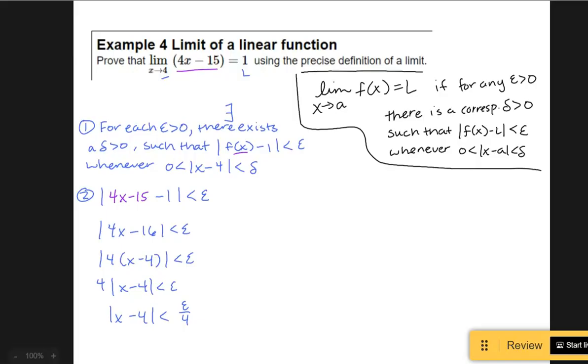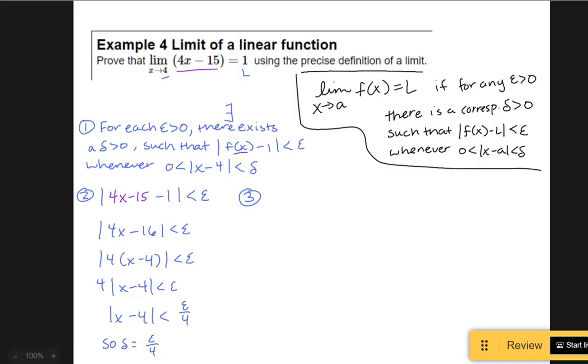You found this delta now in terms of epsilon. So that was our main goal, and now we have to state our conclusion.